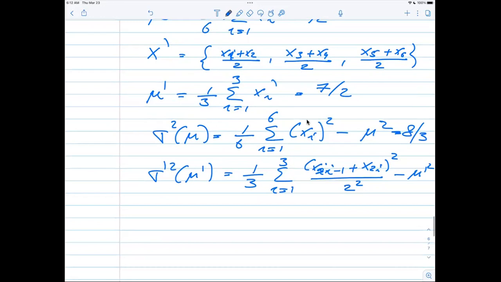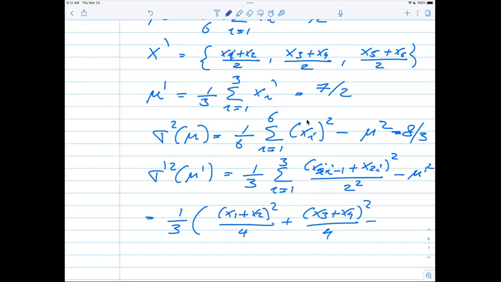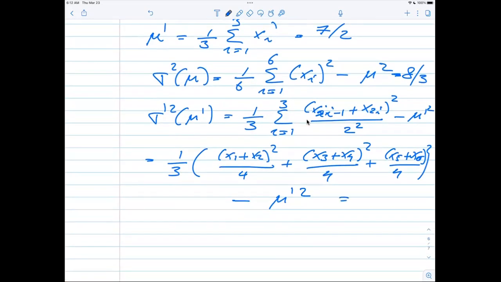And that means that what you get then is 1/3. And then I have x1 plus x2 squared divided by 4, plus x3 plus x4 squared divided by 4, plus x5 plus x6 squared divided by 4, minus this mu prime squared. And if I do the mathematics, this is equal to 8 divided by 3.